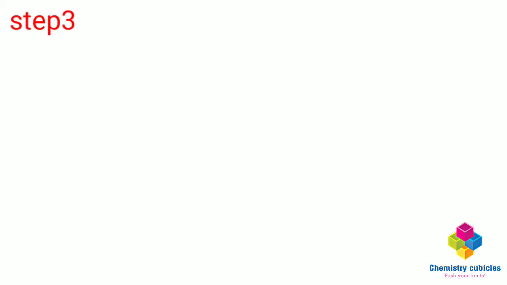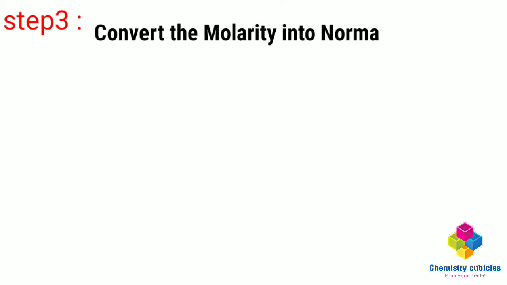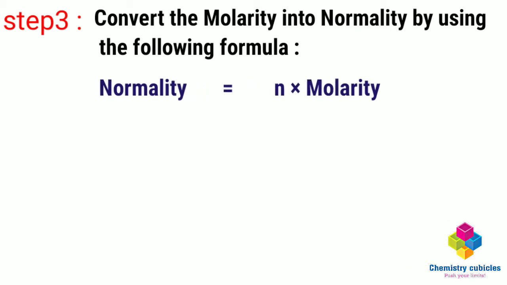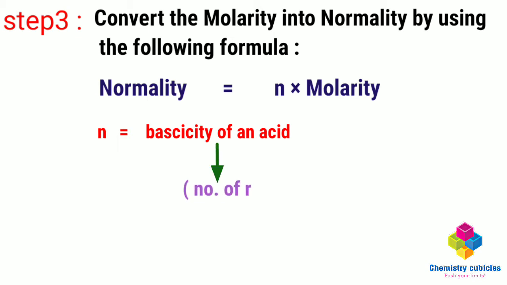Now, in the third step, convert the molarity into normality by using the following formula. Normality is equal to n into molarity, where n is the equivalence factor. In the case of an acid, the equivalence factor n will be the basicity of that acid, and basicity is the number of H+ ions which are replaceable from the acid.